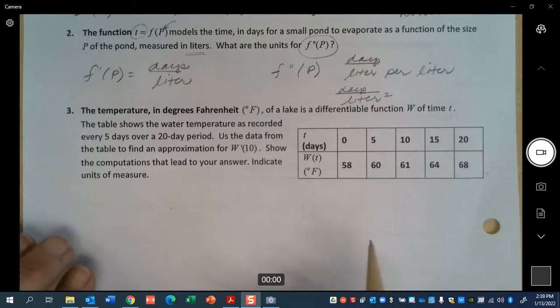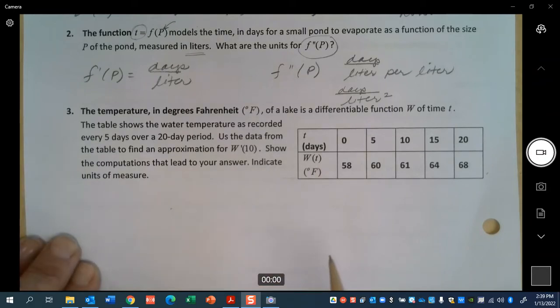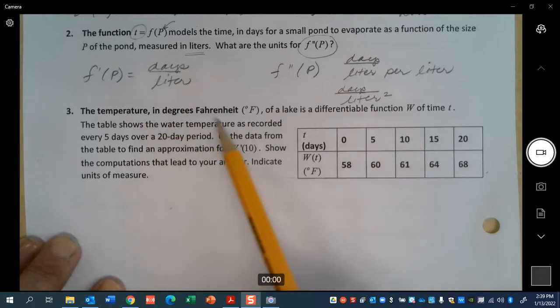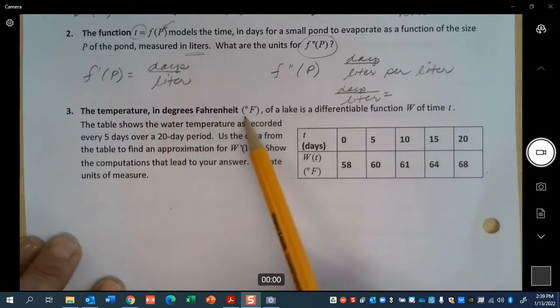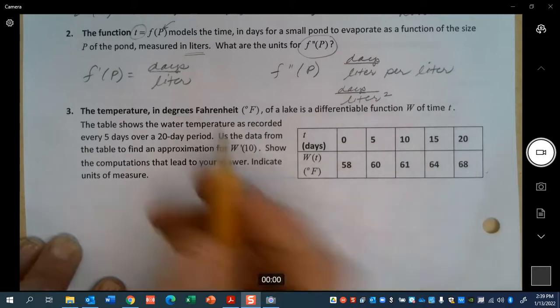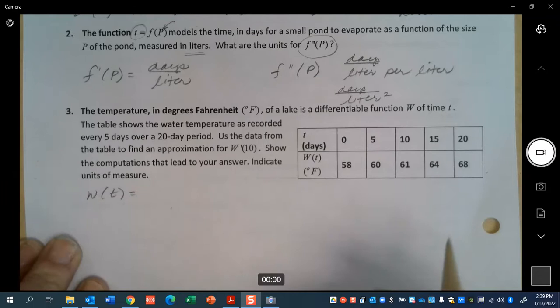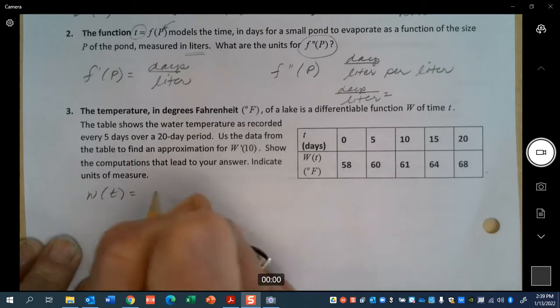So if I'm looking at my temperature as a function of time, the temperature in degrees, that's my output. So W of T is going to be equal to my degrees.